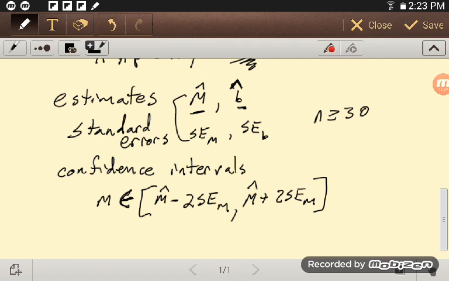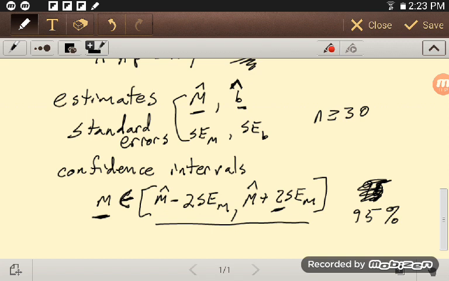Now again, this is all based on the normal distribution. If we go with the multiplier of 2, we have a 95% chance that the real m is inside that interval. So that's pretty good.